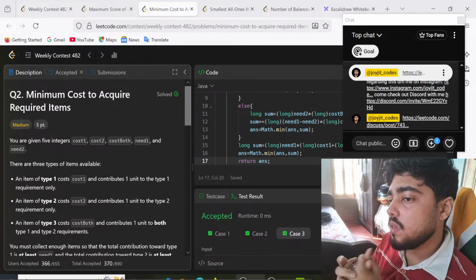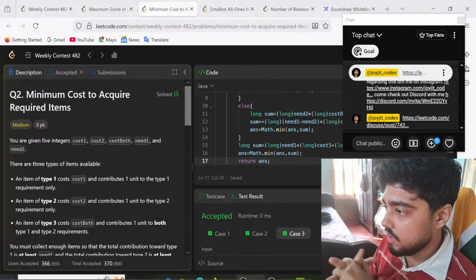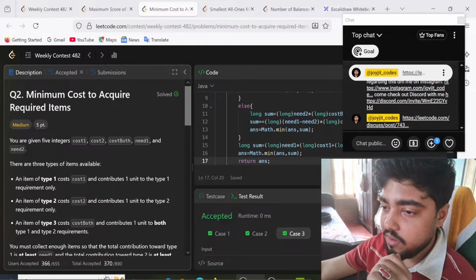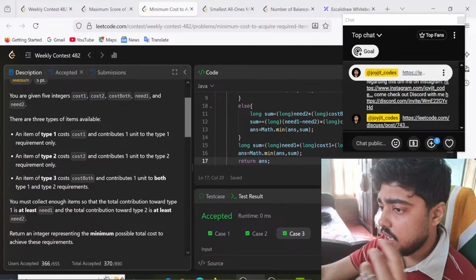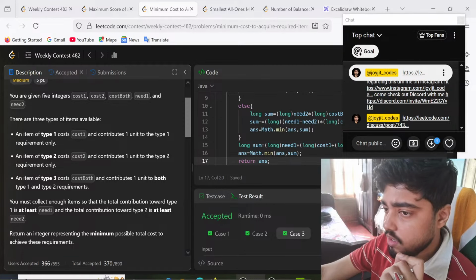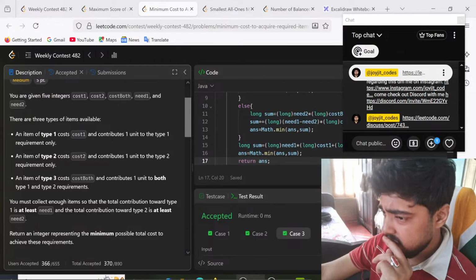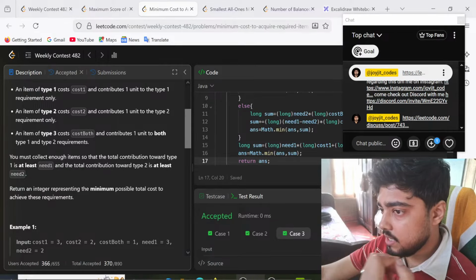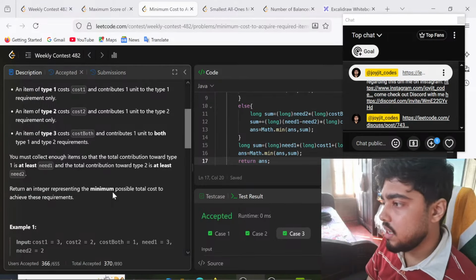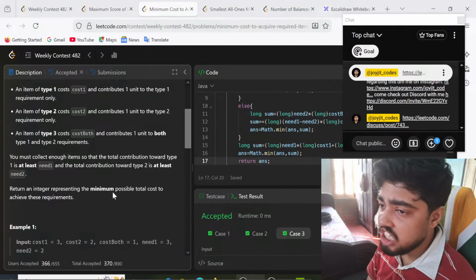Okay, so there are a few things you can do, but first let me complete the question. You must collect enough items so that the total contribution toward type 1 is at least need 1, and the total contribution toward type 2 is at least need 2. You have to return an integer representing the minimum possible cost to achieve this requirement.